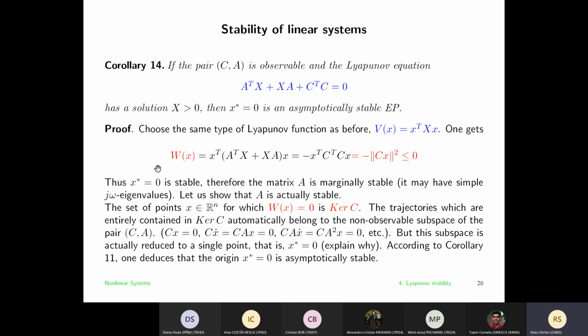It's easy to see its derivative if we take the quadratic form for linear systems. You have to keep in mind we are in the situation x dot equals Ax. This is the linear system, and now you take the derivative. The derivative brings a quadratic form A transpose P plus PA.